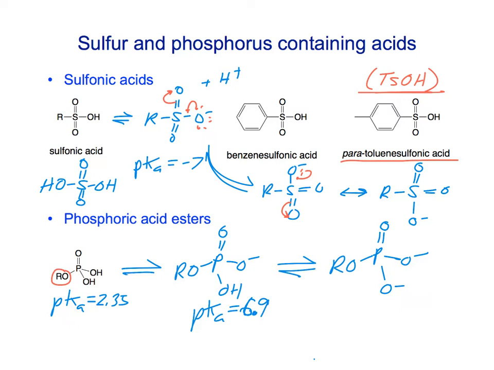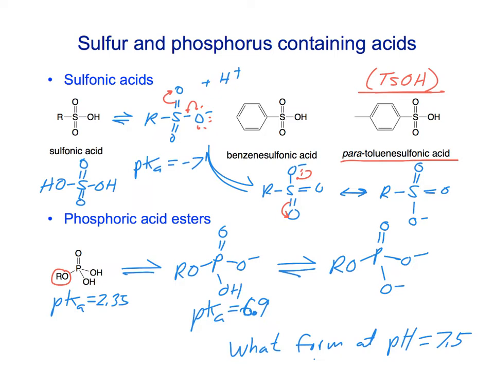All right, so considering these pKa's then, which of these 3 forms would we have if we had, what form at, say, pH equals 7.5? Which one?